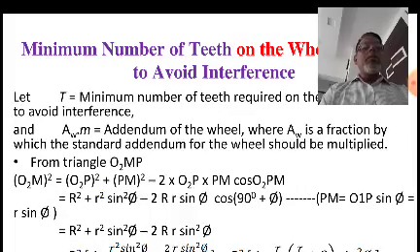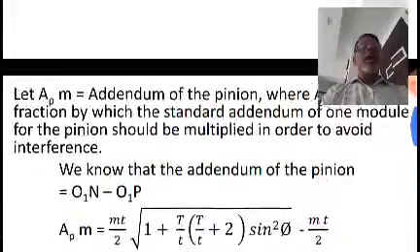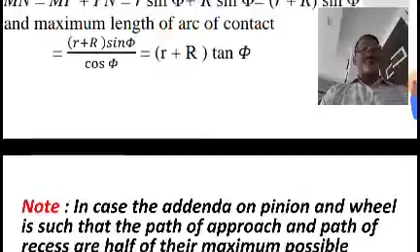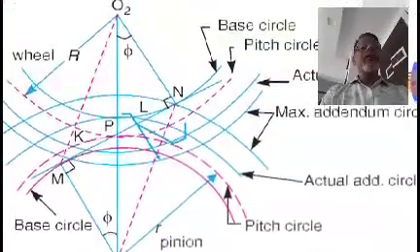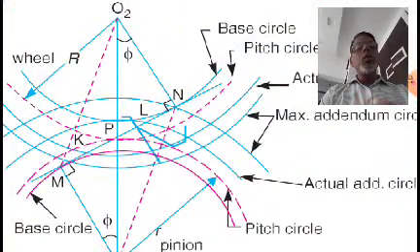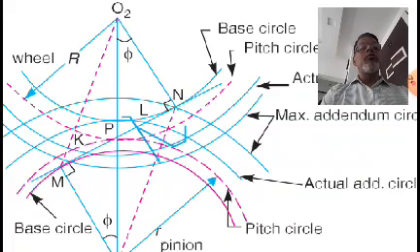Now for deriving this, you have to consider again the triangle O2MP. Again if you see in this diagram, O2MP, this triangle. Now from this triangle you can write O2M square equal to O2P square plus PM square minus 2 times O2P into MP into cos of angle O2PM, right?